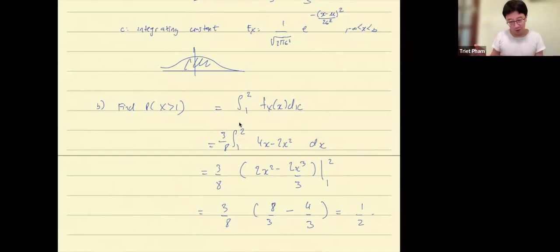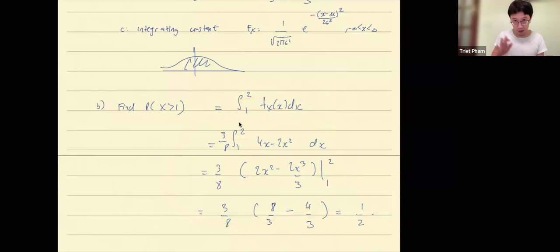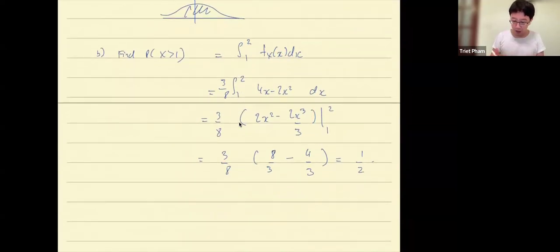But we're not here to do calculus per se. We're here to do probabilities. The calculus part is assumed. You must know it very well, including Calc 3, which is going to be used in the next chapter. This is just to demonstrate the concept of probability. We're not here to repeat Calculus 1. Any question?